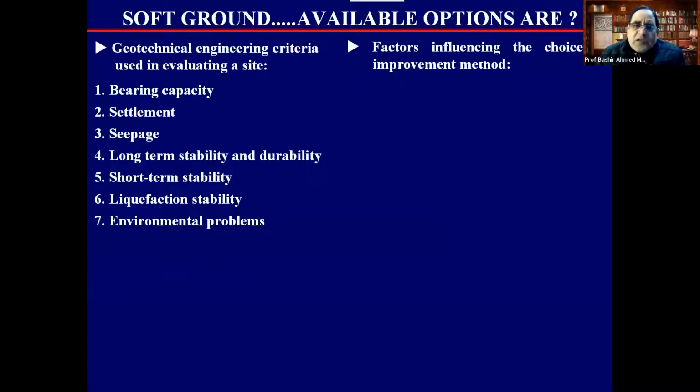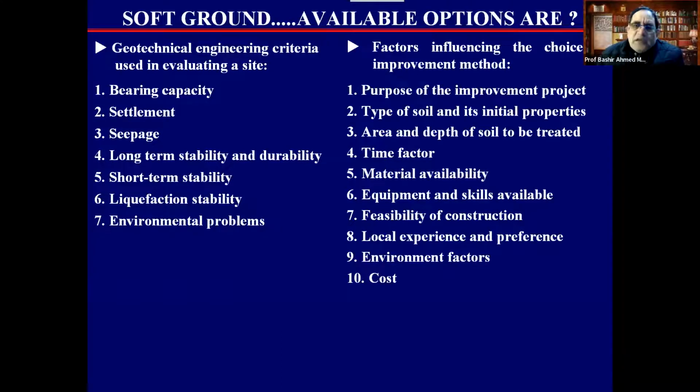What are the criteria that help us select a ground improvement technique? We need to know the bearing capacity, settlement, seepage, long-term stability, short-term stability, liquefaction, and environmental problems. The most important factors are the purpose of the improvement project, the type of soil at the site, its initial properties, the area and depth of soil to be treated, the time factor for the project, and material availability, whether local material is available or must be procured from elsewhere.